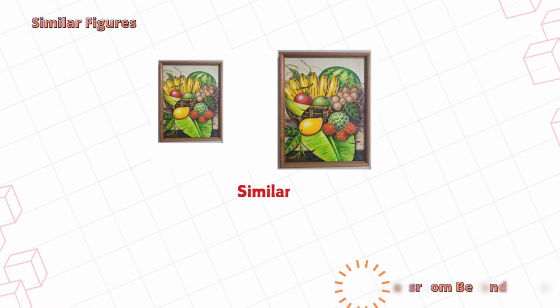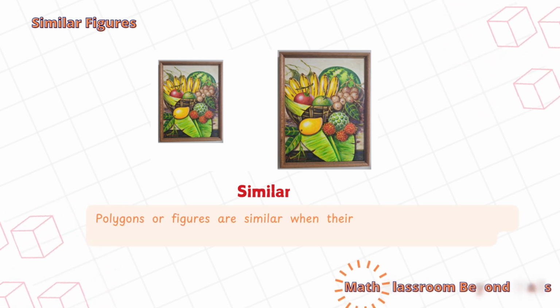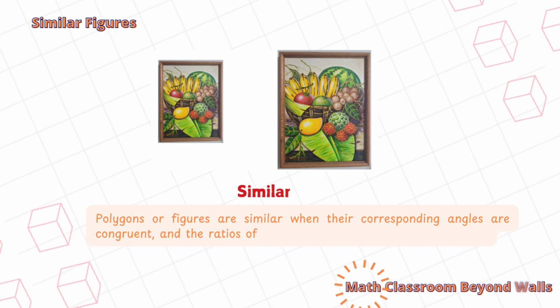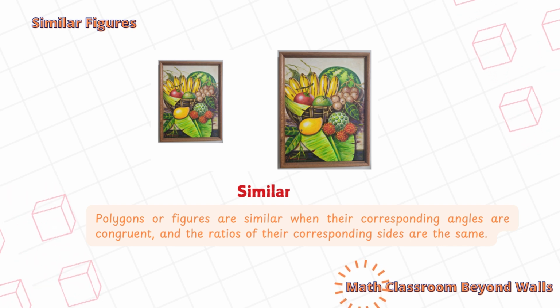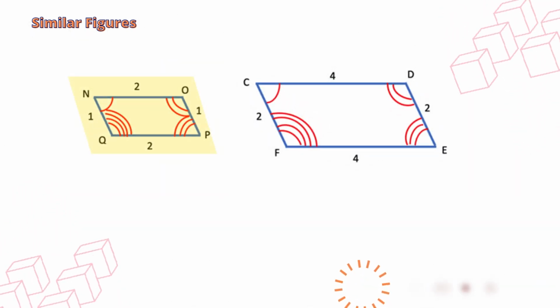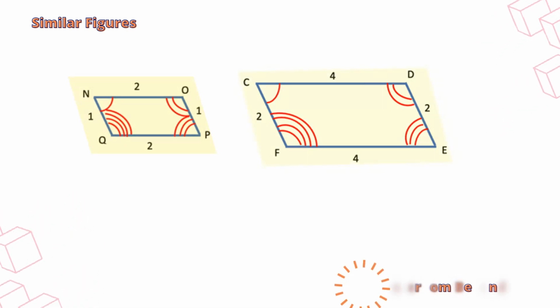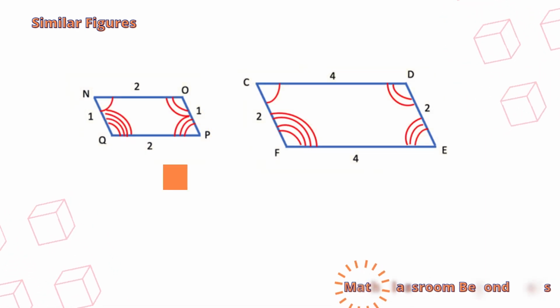How do we know that the two polygons are similar? Polygons are similar when their corresponding angles are congruent and the ratio of their corresponding sides are the same. Let us look at parallelogram NOPQ and parallelogram CDEF that are here. Look at their corresponding angles.